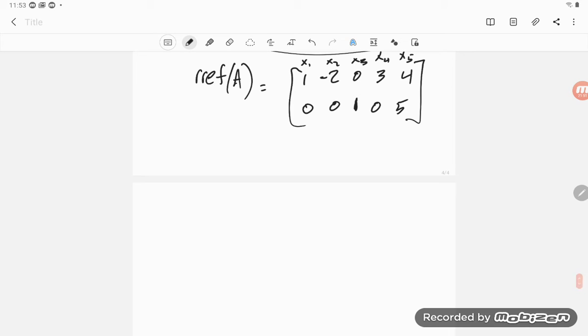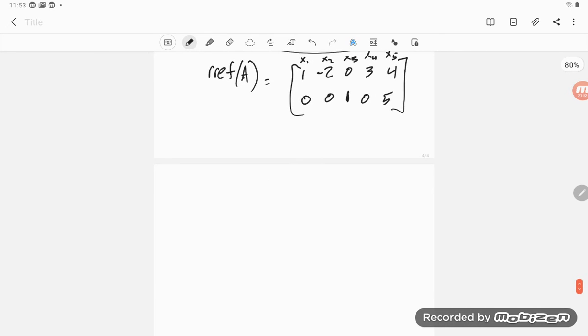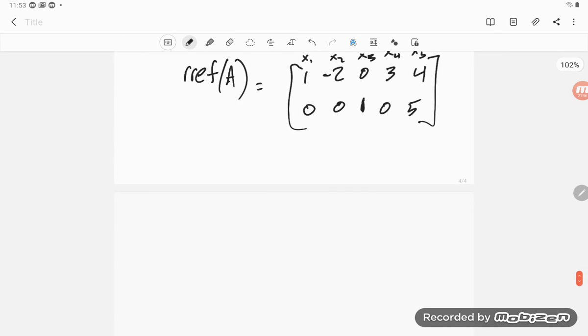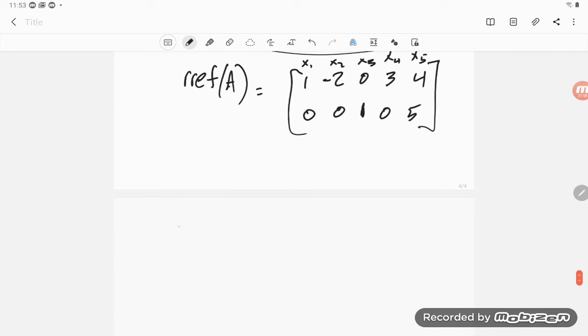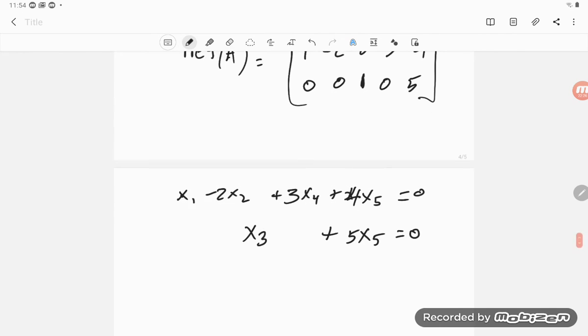And so again, if I just take my time to write out what this means, this says I have x1 minus 2x2, no x3, then plus 3x4, and plus 4x5 is equal to 0. And I have x3 plus 5x5 is equal to 0.